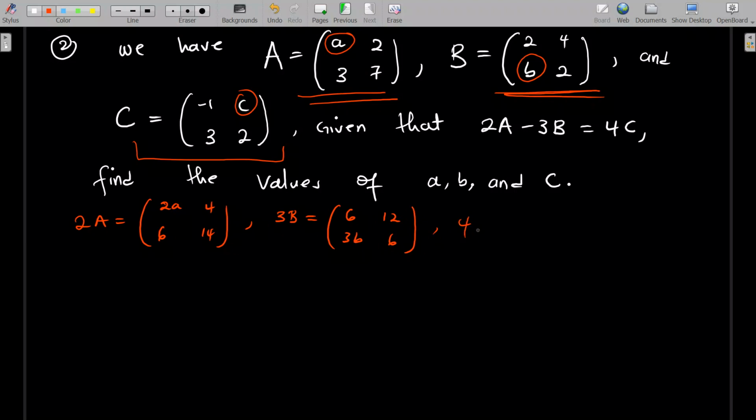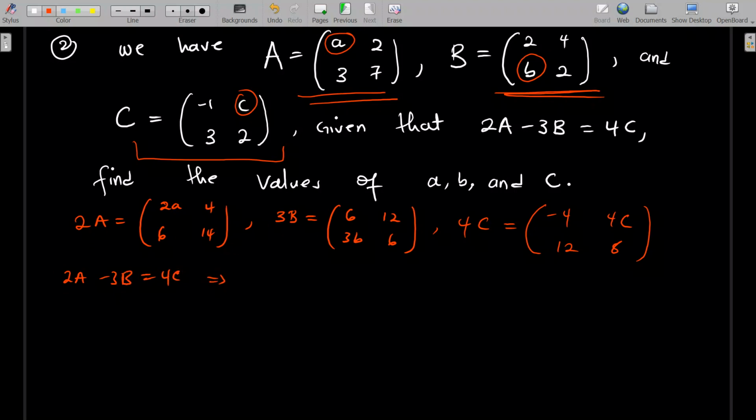I'm going to find 4C, which is 4 times all the entries in C, that is negative 4, 4c, 12, and then 8. So 2A minus 3B should give me 4C.